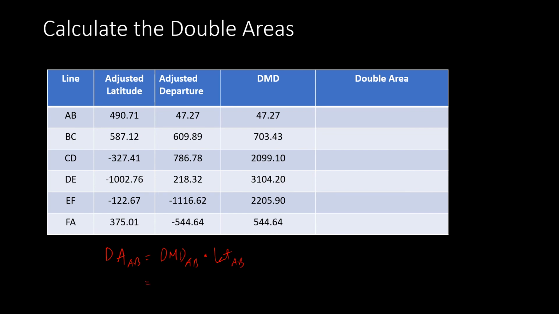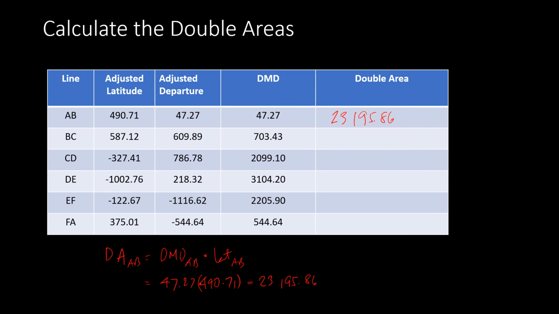That is 47.27 times the adjusted latitude of 490.71, which is equal to 23,195.86. So we tabulate this value, 23,195.86.